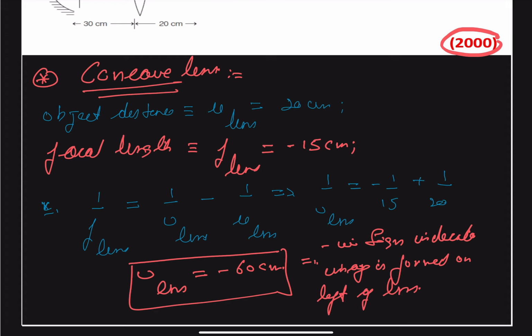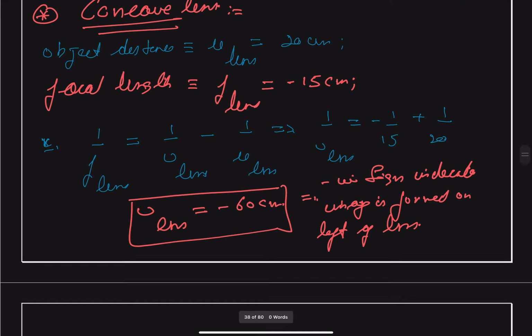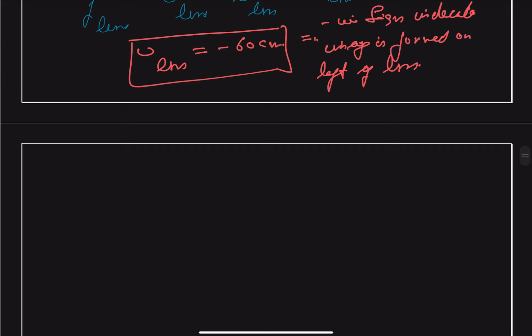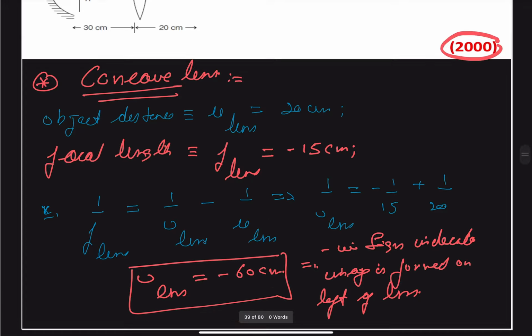Left of lens means towards the mirror, and it is 60 centimeter, so obviously it will be forming beyond the mirror. We can just approximately draw it with respect to the lens. This is our lens, the optic axis, the object is somewhere here, and it is given as AB.